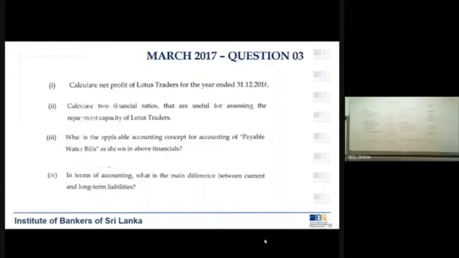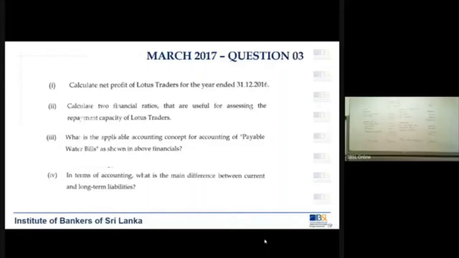Third part, what is the applicable accounting concept? They are talking about an accounting concept, which we have already learned. For accounting of payable water bills. So they are talking about the accounting concept pertaining to the payables of water bills.